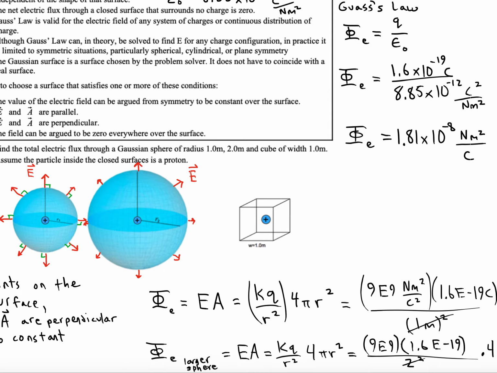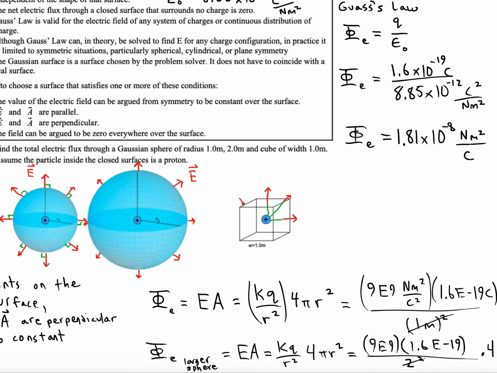Now, why would we want to use Gauss's law? Well, if I wanted to know the net flux through this cube, it would be quite difficult in practice to calculate it based on field and area. What we would find is that the field would be stronger at points which are close to the proton, and it would be weaker at points that are farther from it.